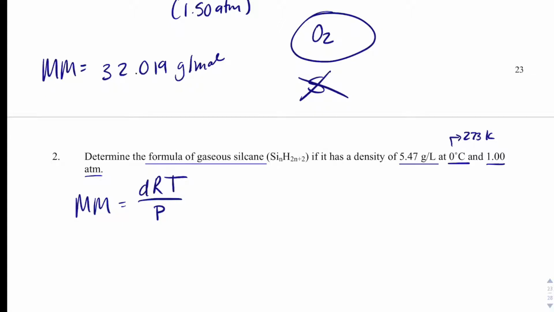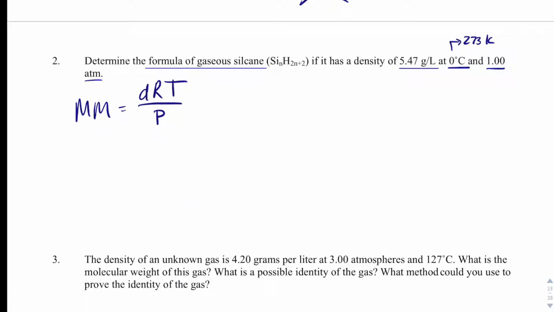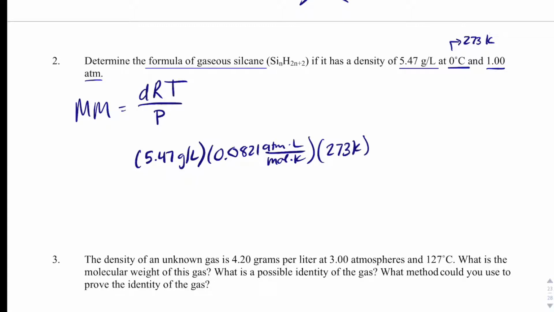So that's why molar mass is so helpful for us. If I plug in 5.47 grams per liter, 0.0821 atm times liters divided by moles times Kelvin, we are at 273 Kelvin, and then I'm going to divide that by 1 atm, and that's going to give me the molar mass.